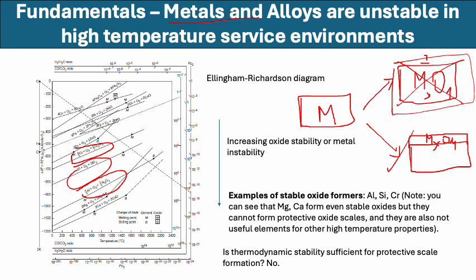So even though magnesium and calcium form more stable oxides, they cannot form protective scales. That brings us to our next point: thermodynamic stability is not sufficient to form a protective scale. The thermodynamic stability of the oxide is important, but at the same time it should grow slowly such that the entire metal is not consumed in the process, which means kinetics is important.